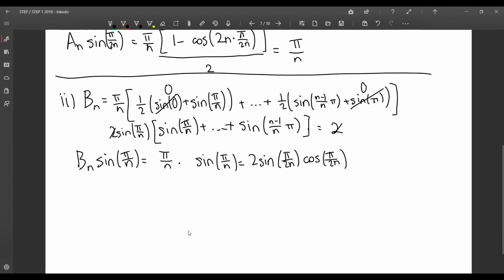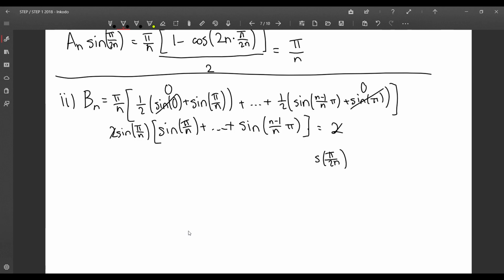I see. So I can't apply this quite yet. So what's happening here is that this sum doesn't progress the same way. The sum goes from pi over n to, let's say, 2 pi over n, right?